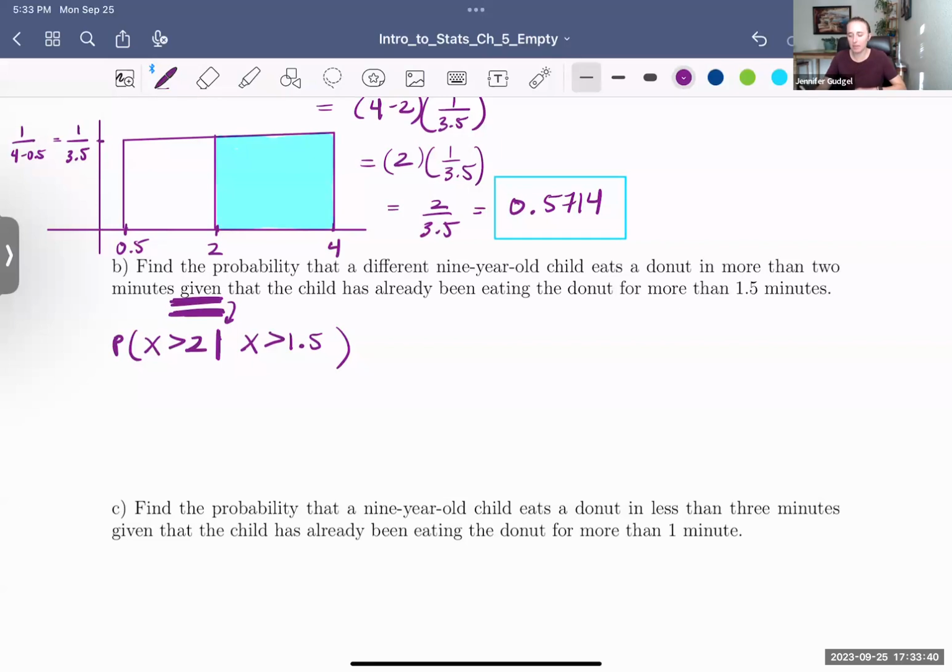So what this basically means is we're finding the probability it takes a kid more than 2 minutes, given that the timer has already been running for 1.5 minutes. So we've eliminated that whole first 1.5 minutes. We know the children are not going to finish in that amount of time because I'm starting my experiment later. I'm given this extra information. This piece here will alter the starting rectangle.